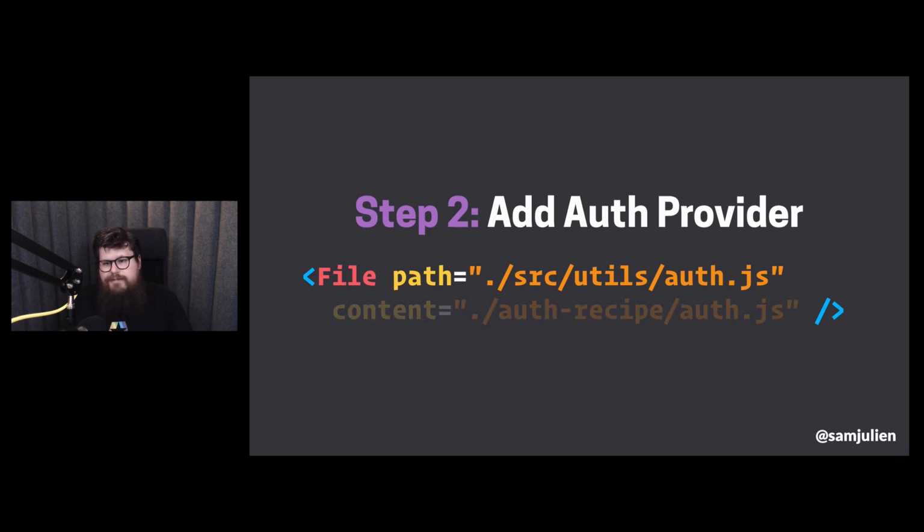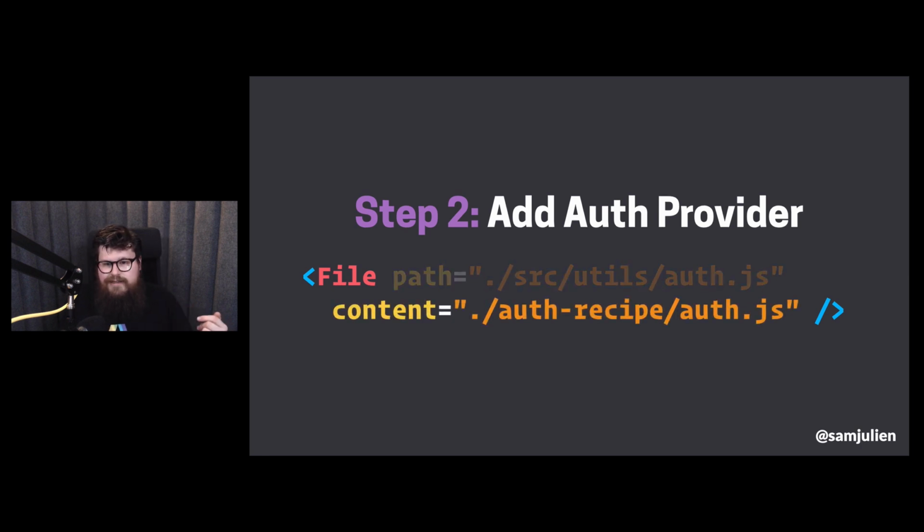That path option is the destination. So we'll create a file called auth.js in the utils folder of the source folder. And then the content option here is like the source. Let's say we had our recipe files in this auth recipe folder, and we have our auth.js file there. We're going to just move that over into there.